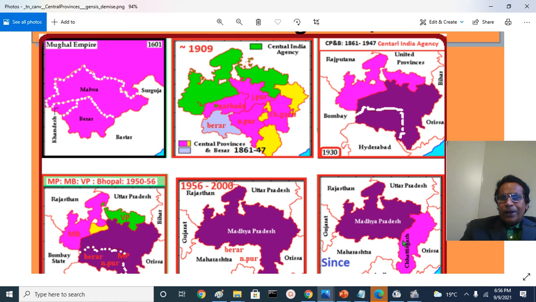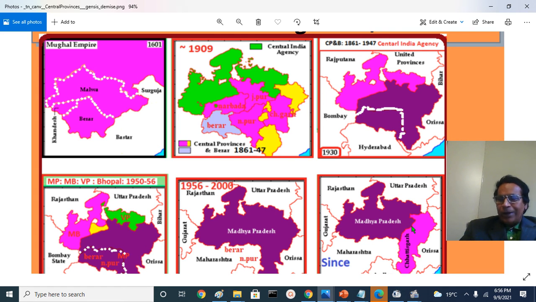In 2000, the Mahanadi region districts, the Mahanadi basin, Chhattisgarh, a predominantly rice growing region, that is Bastar, Surguja, Raipur, Mahasamund, Baloda Bazar, Rajnandgaon and Durg, these districts were separated. So there are the Maikala mountains here.